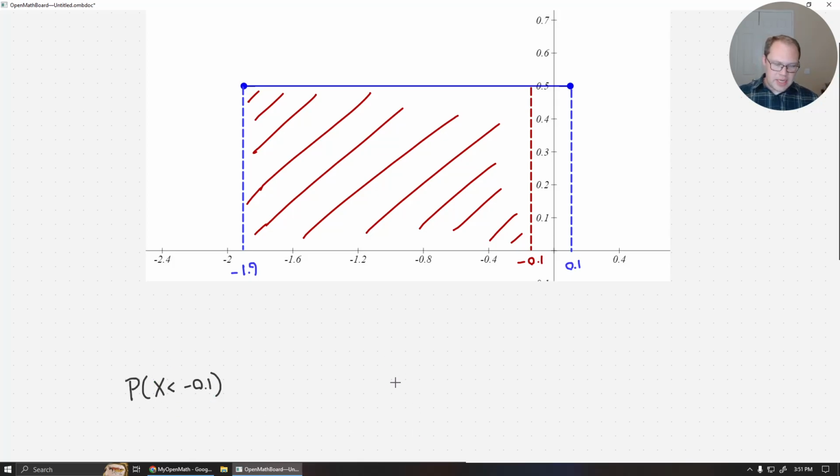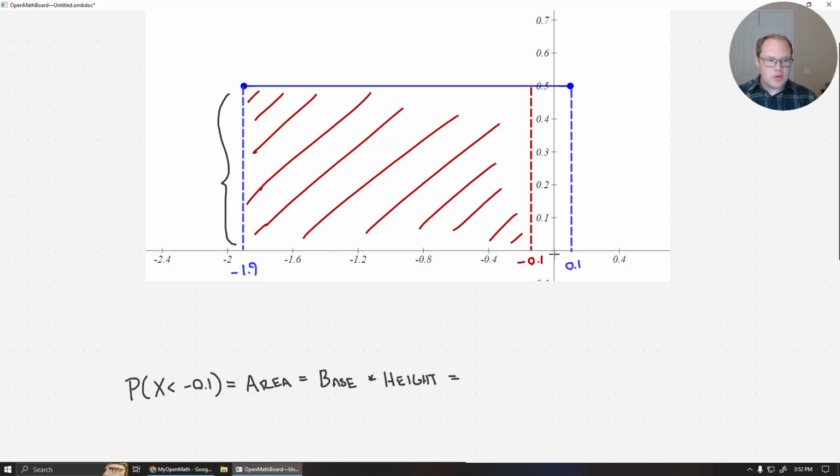So let's go ahead and find that. We know probability is equal to the area of the corresponding region underneath the probability density function. In this case, that shape is a rectangle, and the area of a rectangle is just base times height. So let's find that base and height. The height's the easy one.